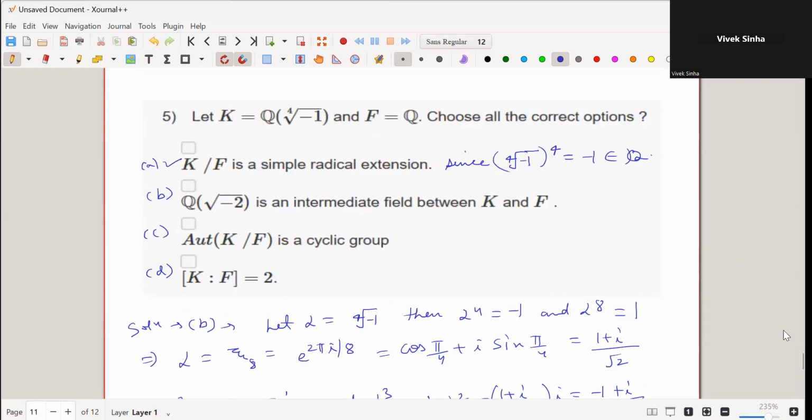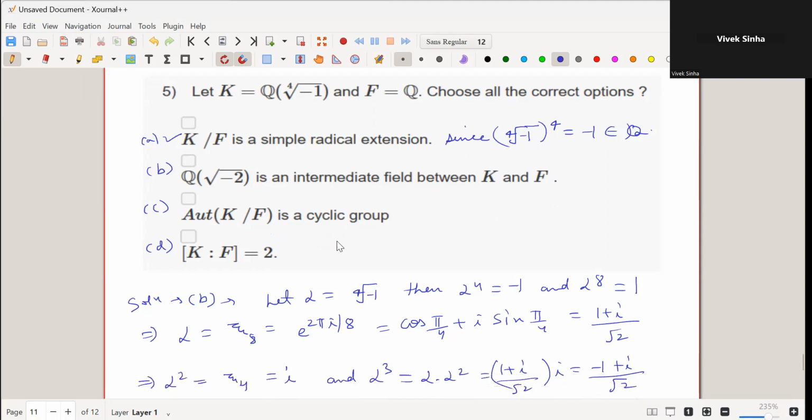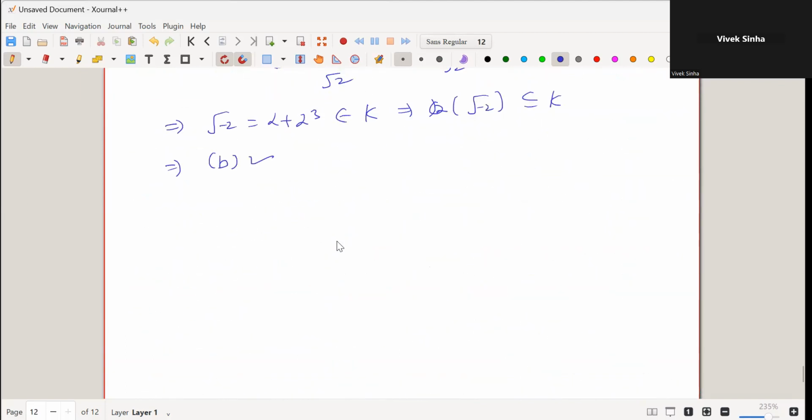Then we have to see whether the Galois group of K over F is a cyclic group. We know that K is just Q adjoint the fourth root of minus 1, and we have already seen that it's zeta 8.